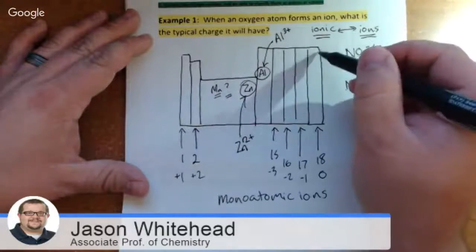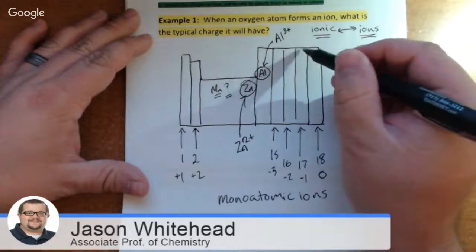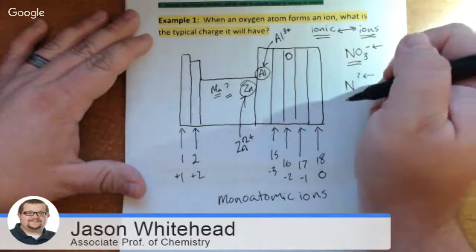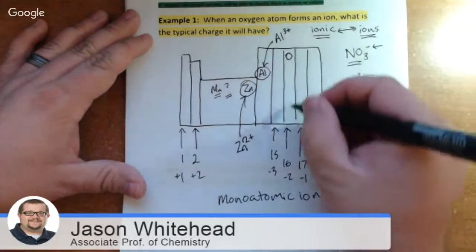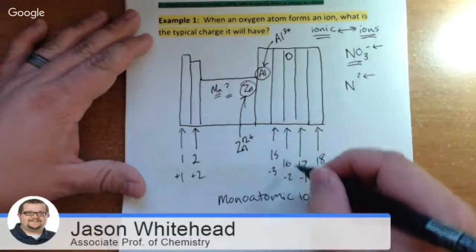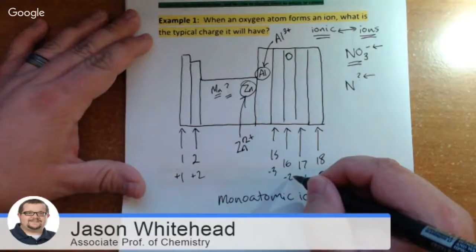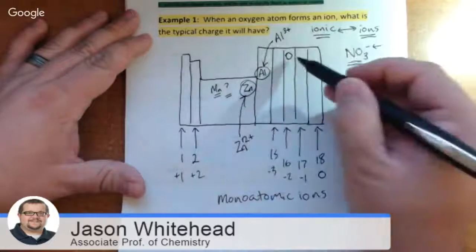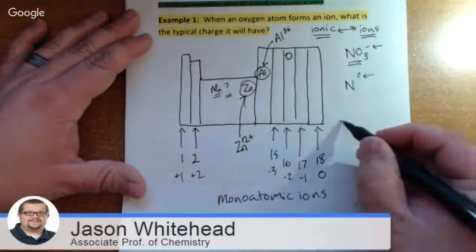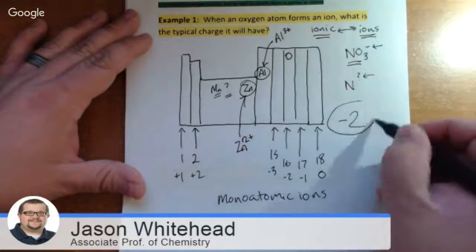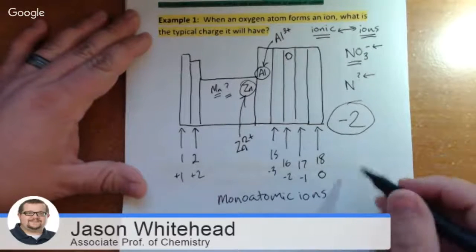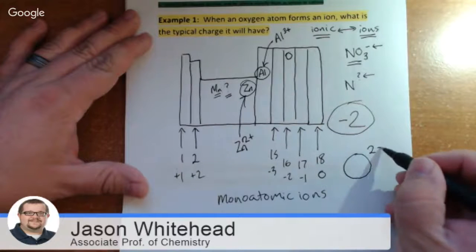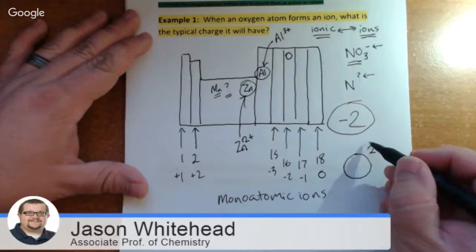Well, oxygen is not in group 18 or group 17. Oxygen is in group 16. And anything in group 16, if we read down, has a -2 charge. Based on where it is in the table, we can see an oxygen is going to have a -2 charge. Or we would represent this by saying oxygen with a 2-, or you could write this also as -2.